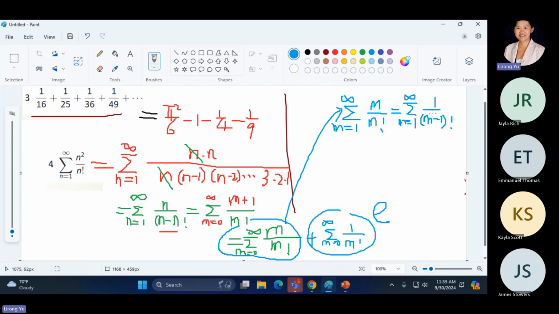We can make m minus 1 equal to k. This is really 1 over k factorial, where k starts from 0 to infinity. Essentially, I'm saying this is also e. So that summation is also equal to e.